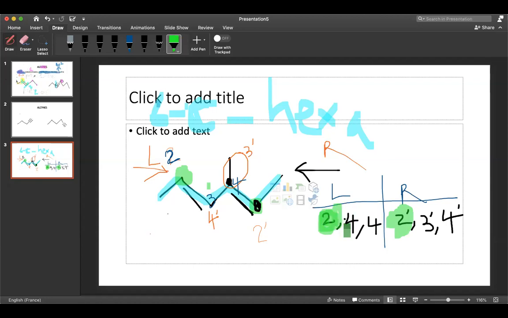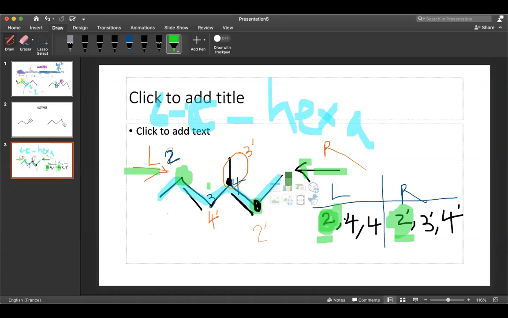Then later on, in a case where you have two indices that are the same, like 2 and 2 there, it is now the substituent that is going to qualify which route we are going to use, left to right or right to left.